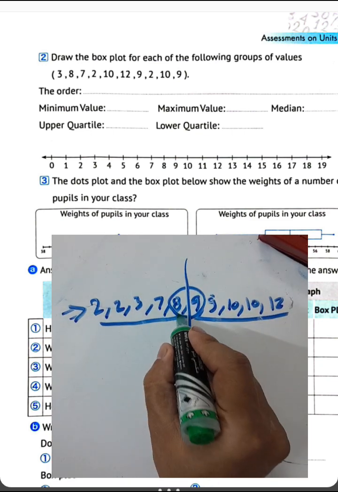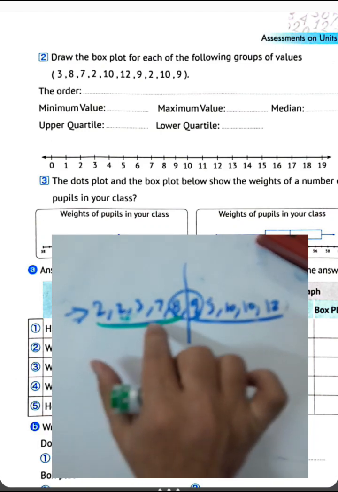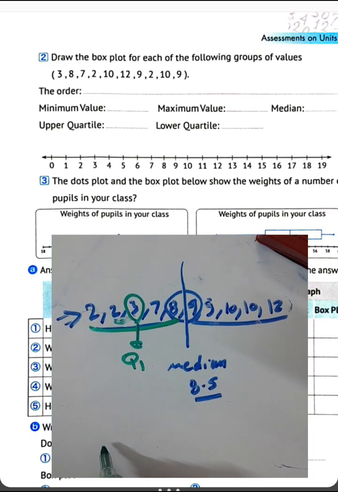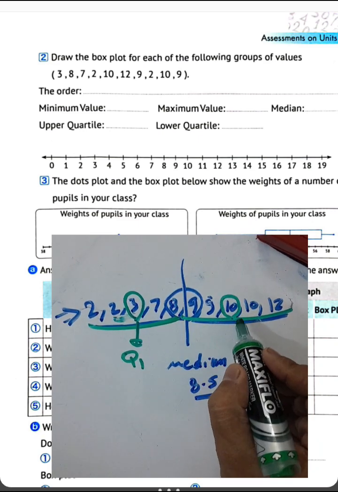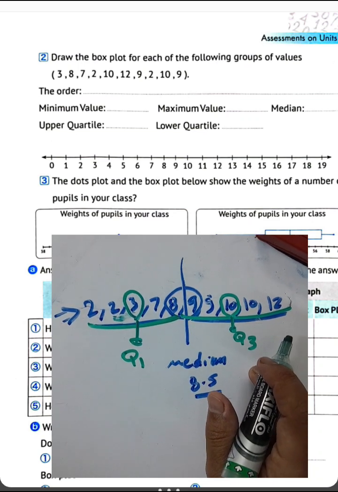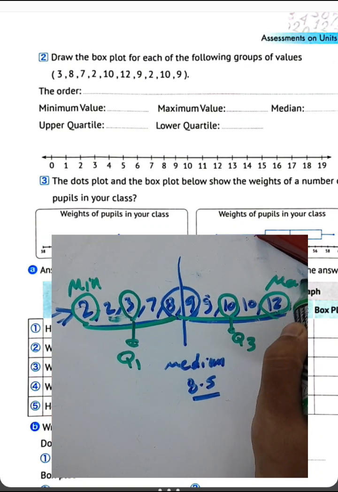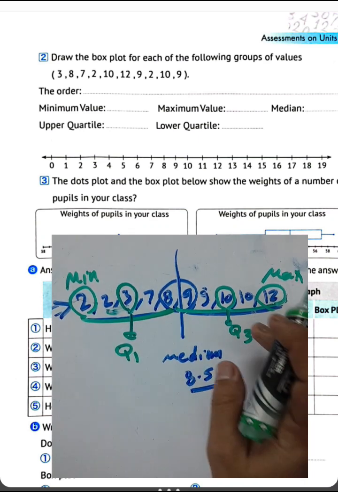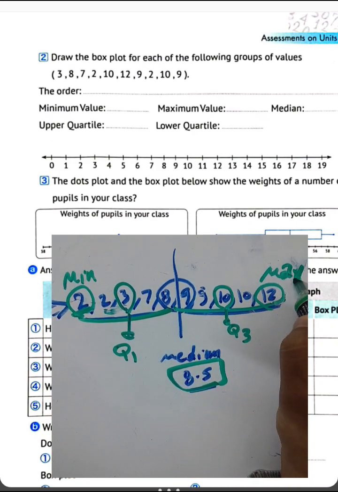In this part we have two numbers, or 3 lies in the median. So 3 we called quartile 1, the lower quartile, it will be 3. And from this step we have 10 in the middle. It will be Q3, the upper quartile. And the minimum 2, and here 12, it will be maximum. Okay, lower quartile 3, upper quartile 10, the median 8.5, minimum 2, maximum 12.